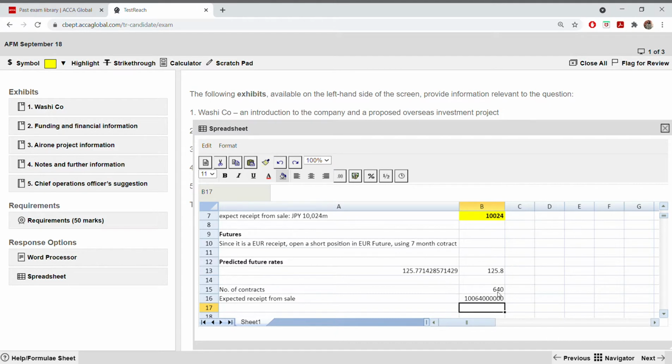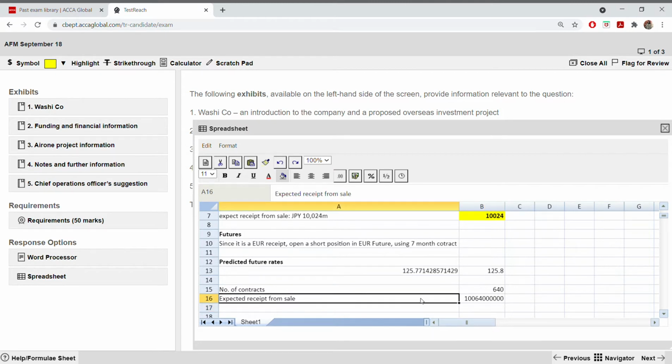How are you going to write it? If you have to write it in terms of million, it will be 10,064 million. Sorry, Japan is yen, 10,064 million. This is how it will be when you write the whole number in million.